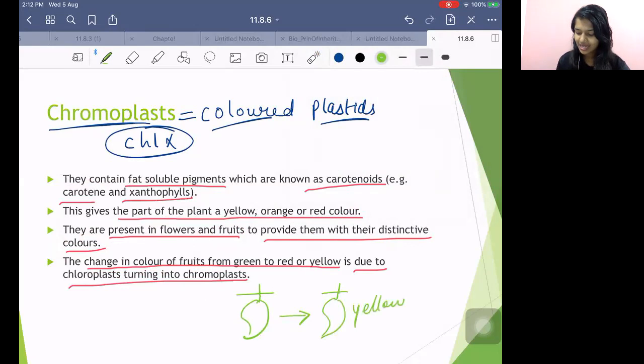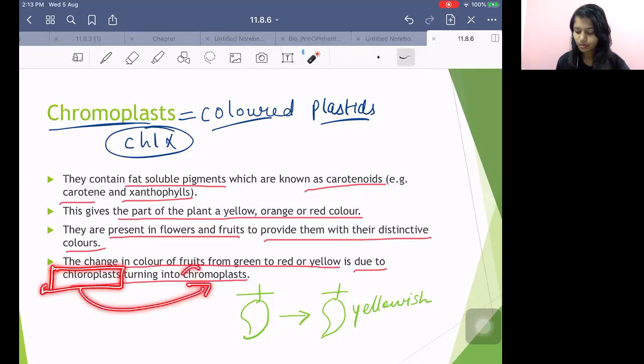So how is this change happening? This change is happening by the chloroplast. Chloroplast is green in color. That chloroplast is changing into chromoplast, that is, losing chlorophyll. And then you start getting the colors red, yellow, all these.